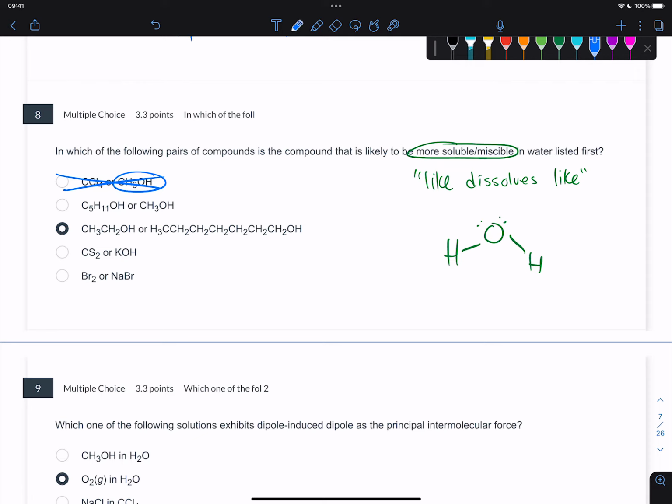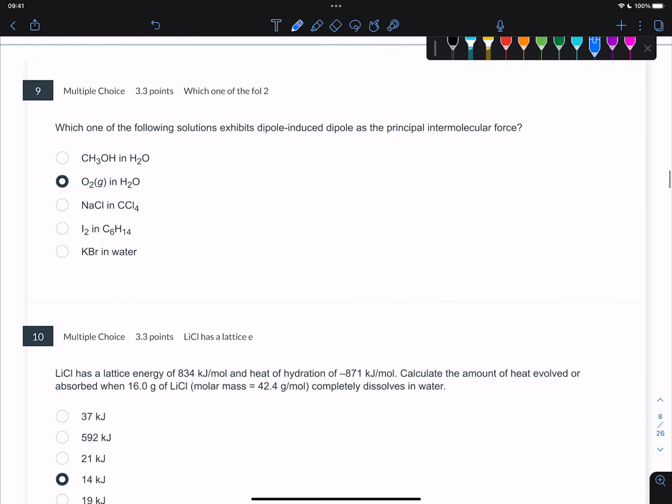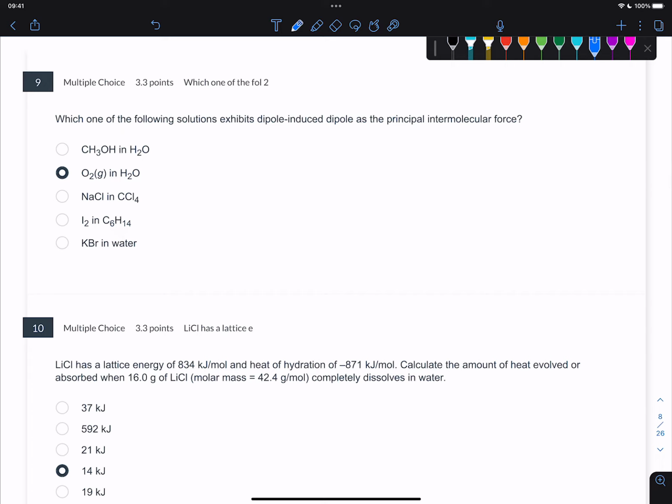The more carbons there are, the less likely it is to dissolve. And that's actually the same logic behind why the right answer is right. They both have OHs, but this one has so many extra carbons that every extra carbon makes it less and less soluble.